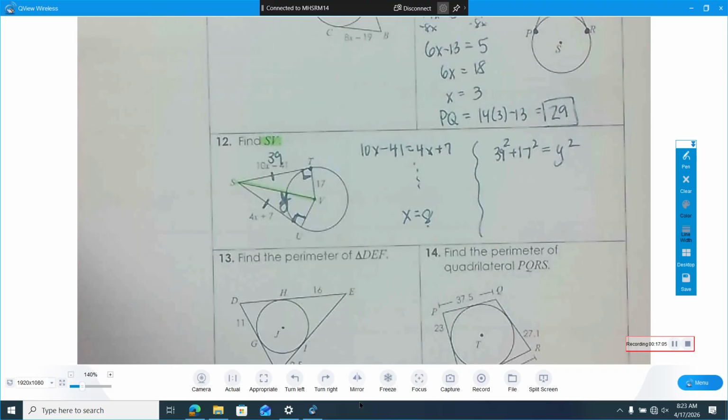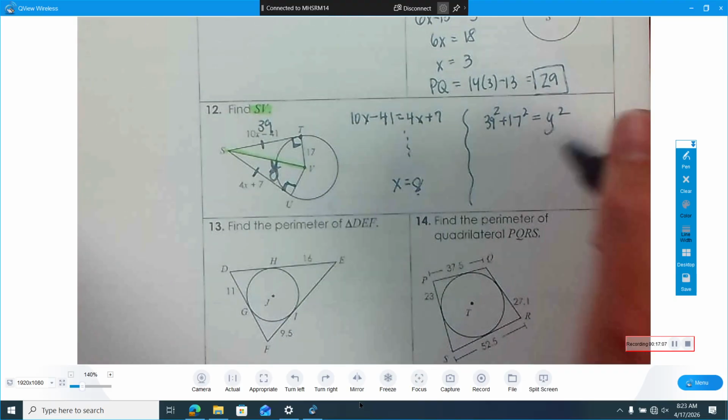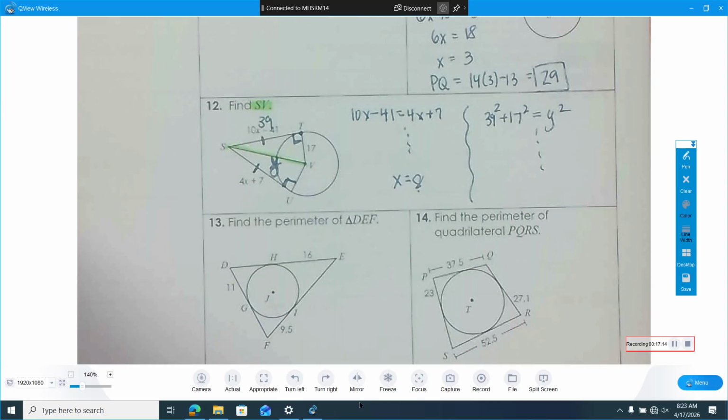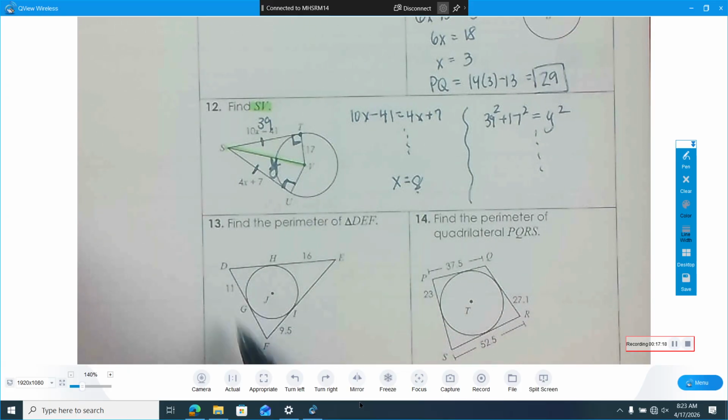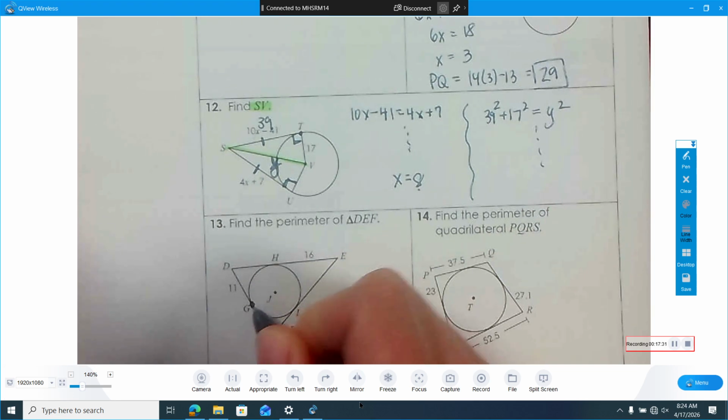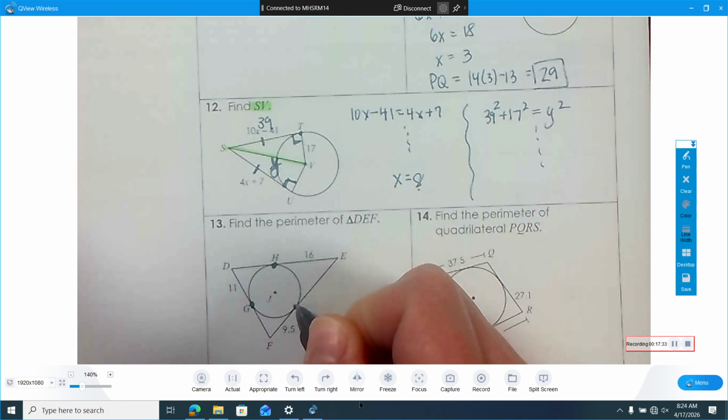Kind of interesting. And then last one, number 13, find the perimeter of triangle DEF. So DEF is this exterior triangle. I want the whole perimeter. What's perimeter? All the edges. So I have an 11 here. And again, these appear to be tangents.